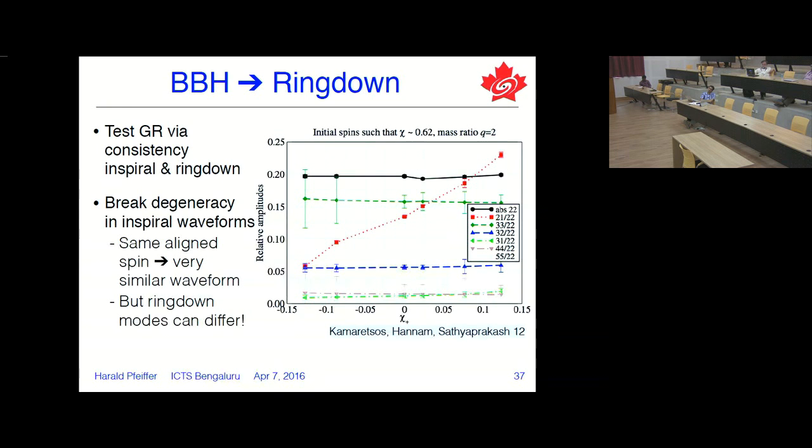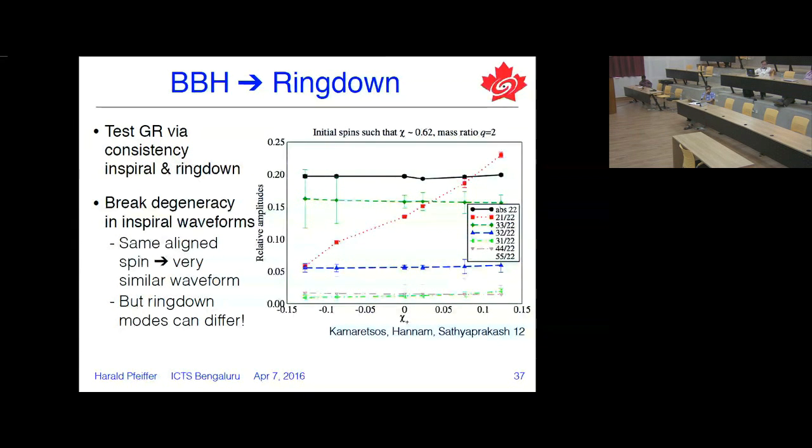However, one of the modes shown in red here has a quite sensitive amplitude to the initial data parameters. If this 2-1 mode could be observed in the ringdown, it would give yet another way of breaking degeneracies of the binary black hole waveforms that LIGO can observe.